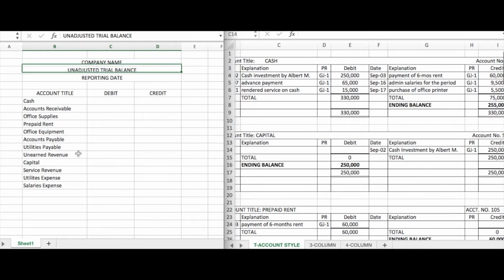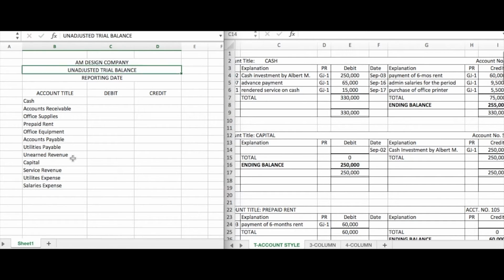Still, it should have its proper label, so the company name. This is AM Designs Company. Let's just use company.